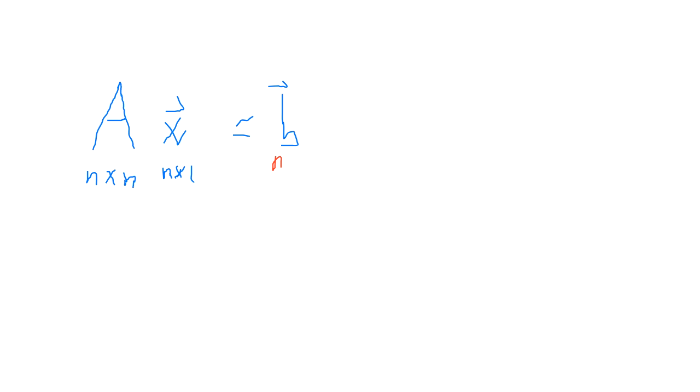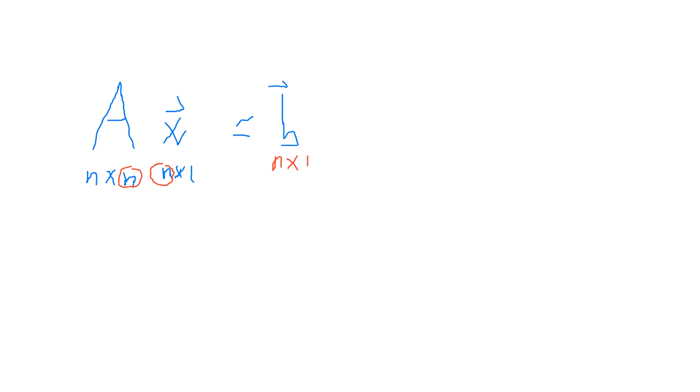So we know that matrix multiplication is defined between the matrix A and the vector X. So then n by 1 would be the resulting product. It always helps me to circle the column number of the first matrix and the row number of the second.